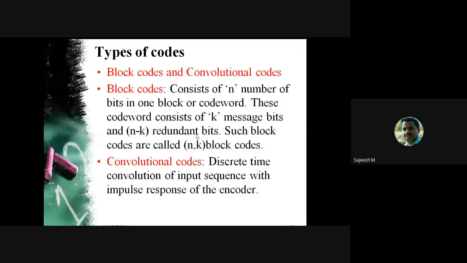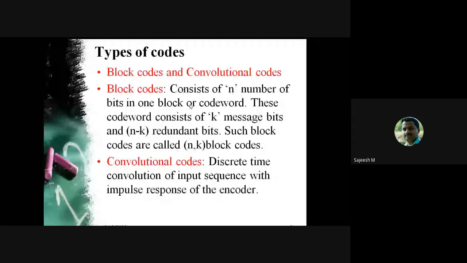These extra bits are the check bits. We make use of the check bits for the purpose of error detection and error correction. We will see how we can detect and correct errors. That is the general structure of a block code.